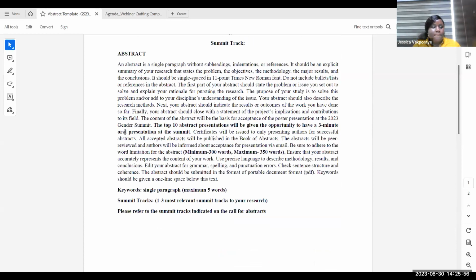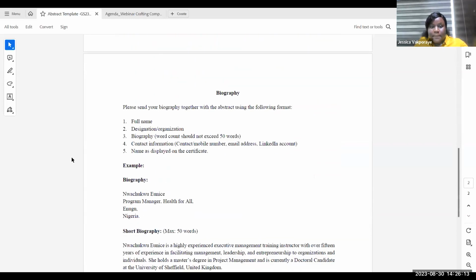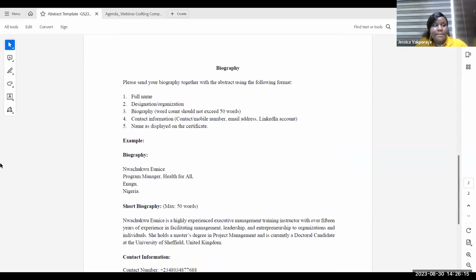So we'll just quickly run through the word limit. The limit is 300 words minimum and 350 words maximum. And then also you have to send your biography, not more than 50 words, just as the sample down here, as you can see. And then your abstract title should not exceed 30 words.